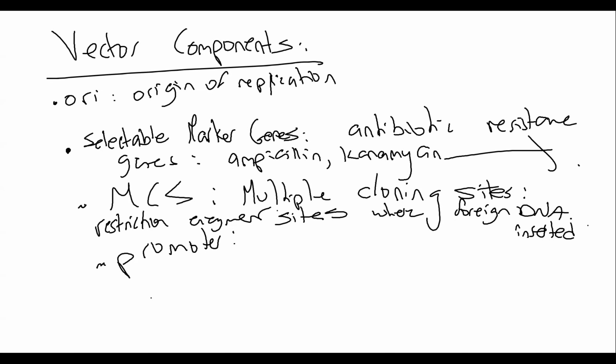So the vector components are the origin of replication, the selectable or antibiotic resistance genes, and the multiple cloning sites where the restriction enzymes cut when the foreign DNA is inserted for the cloning to happen. The last component of the vectors are the promoters. Promoters are a sequence of the gene of interest that controls the gene expression.